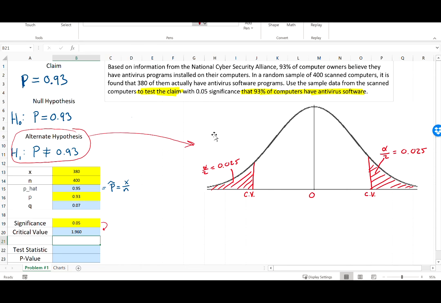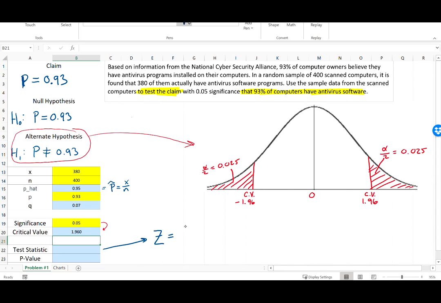Okay, so now we know our critical values, 1.96 and negative 1.96. Now you want to take your sample data and see where it lies, whether it's in the critical region or not. Your sample data is converted into this test statistic, which in this case is a z-score.